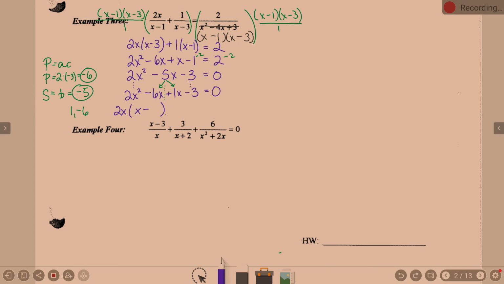Minus 6x divided by 2x leaves me with 3. What about a GCF between 1x minus 3? If all else fails, there's always a GCF of 1. And I am going to write that. So I'm going to write a plus 1. When I factor out my positive 1, I'm left with x minus 3.